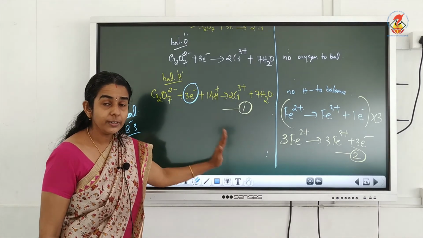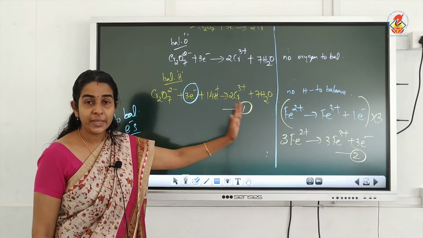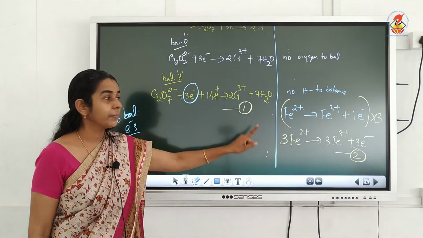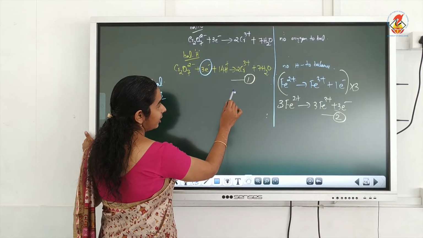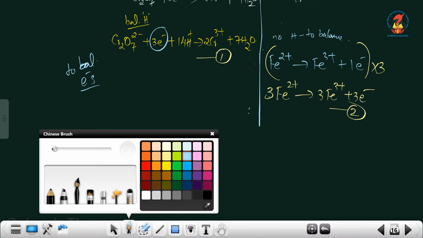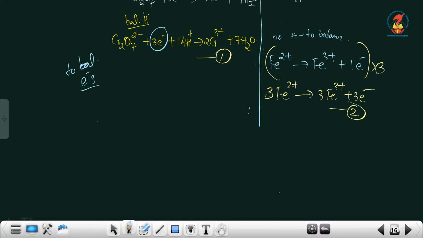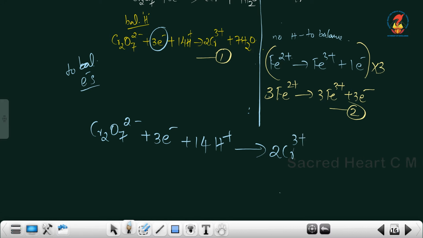After making the number of electrons the same in both equations, we can write these two equations as top and bottom. So Cr2O7 2- plus 3 electrons plus 14 H+ giving 2 Cr3+ plus 7 H2O.